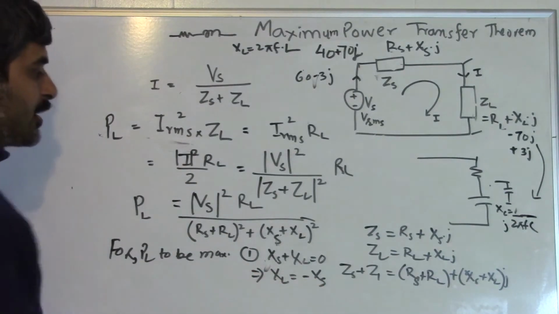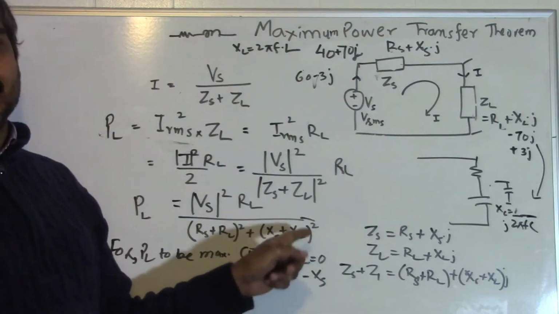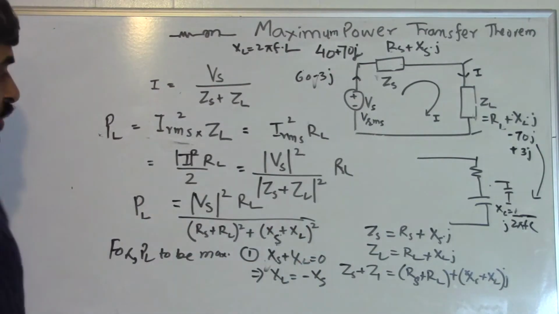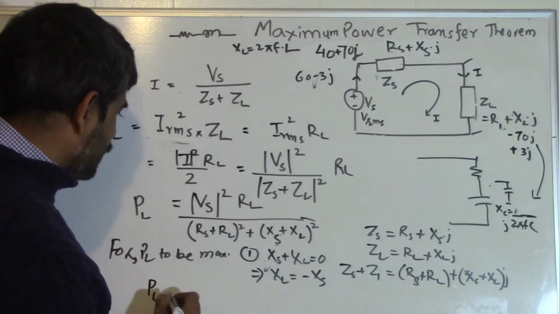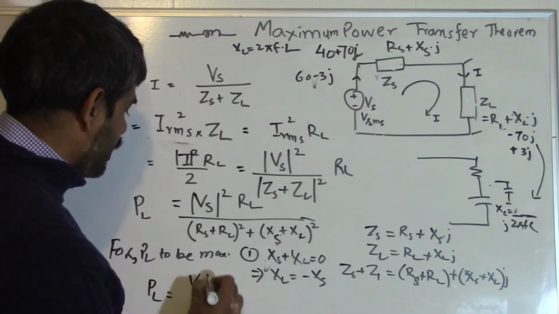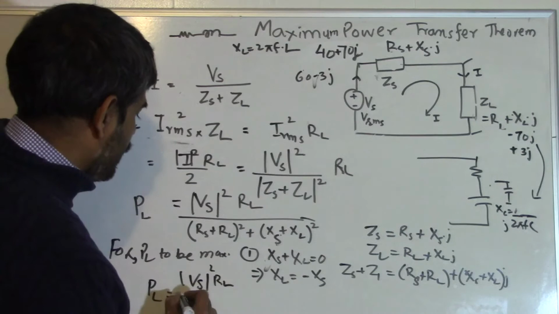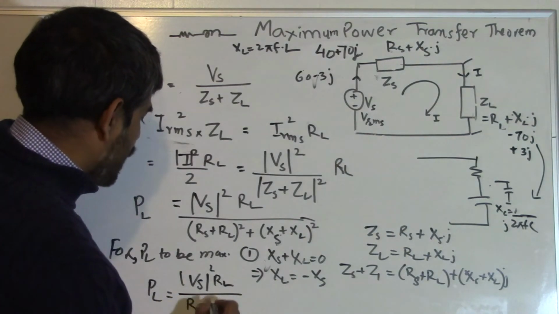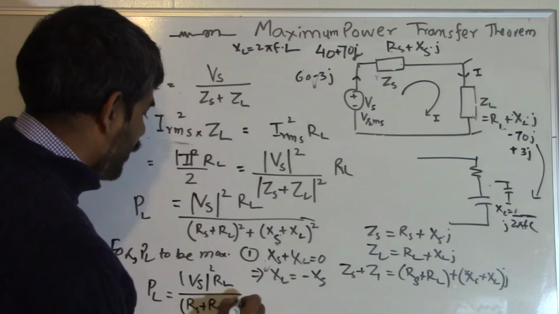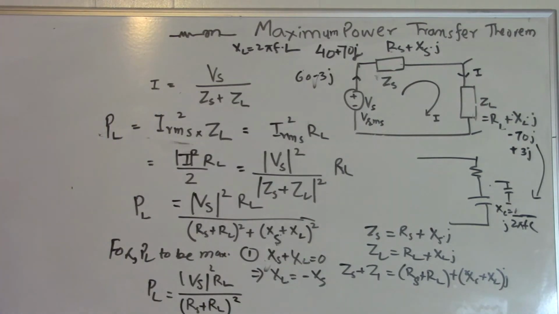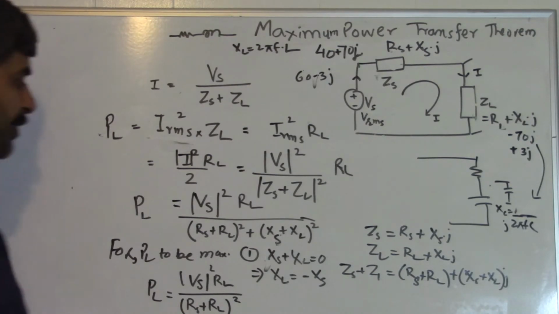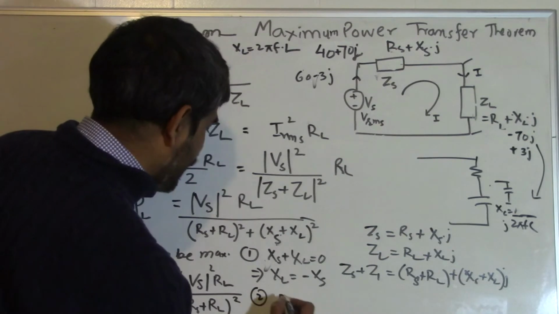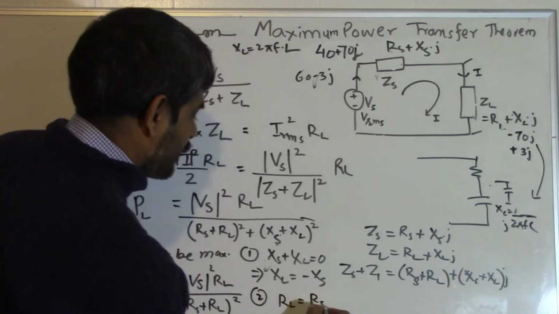Coming back to that, once we have XS + XL set to 0, the power is equal to Vs² multiplied by RL divided by (Rs + RL)². We have seen earlier that for PL to be maximum, (Rs + RL)² divided by RL should be minimum, and that happens when RL is equal to Rs.